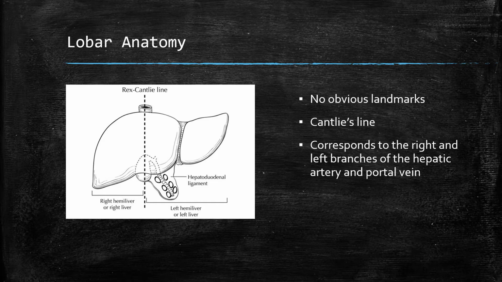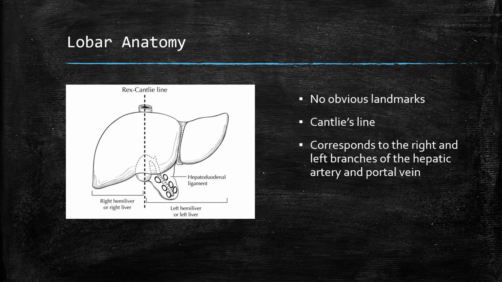It would be nice, however, to be able to know what the right lobe is relative to the left lobe of the liver without having to ligate the vessels. The problem is there are no obvious physical landmarks on the surface of the liver to guide us. The only real obvious landmark is the falciform ligament, but that separates the left lateral segments from the left medial segment.